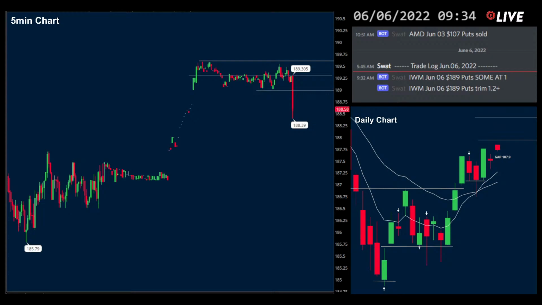JKS, higher on bull flow. NVDA down, NVDA fading, IWM fading.